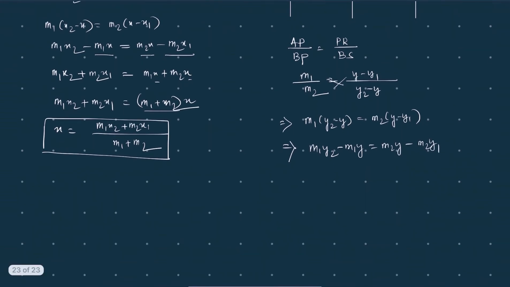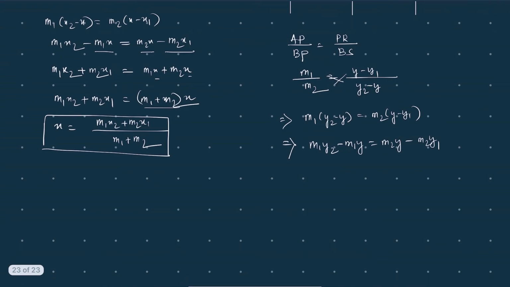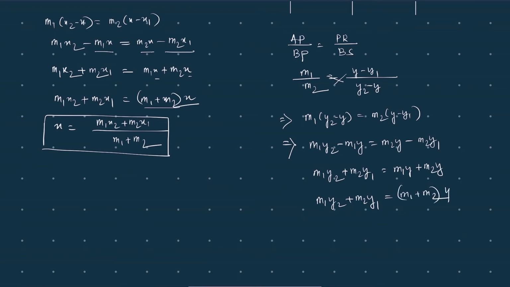Okay, then similar operations we can do here. So m1 into y2 plus m2 into y1 is equal to m1 into y plus m2 into y. Now take this y common outside. So m1 into y2 plus m2 into y1 is equal to m1 plus m2 into y.